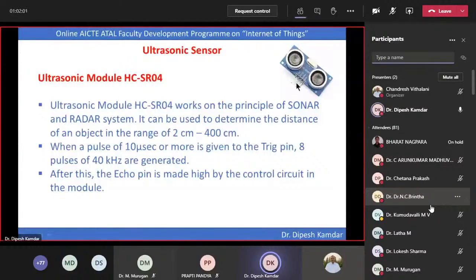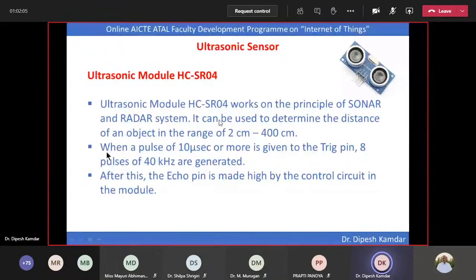Once you activate it for 10 microseconds or more, it will trigger, and 8 pulses of 40 kilohertz are generated. So basically 40 kilohertz signals will be transmitted.